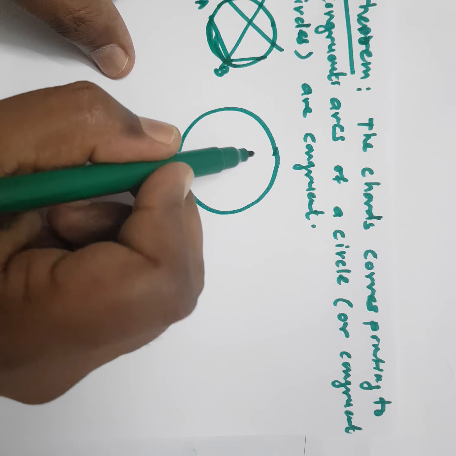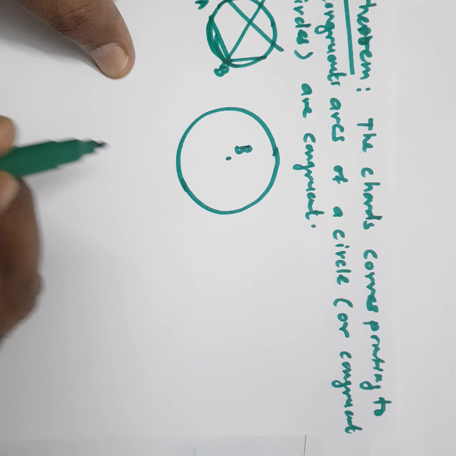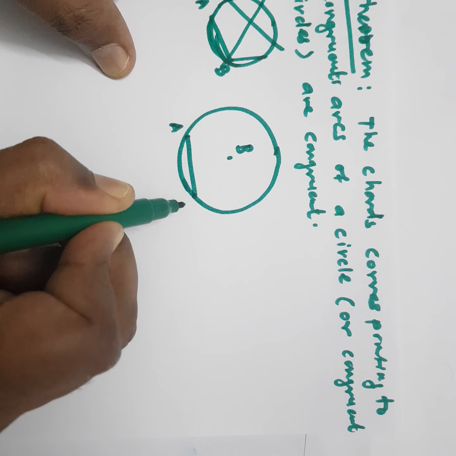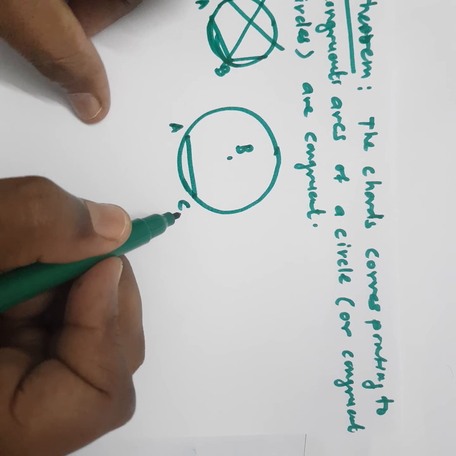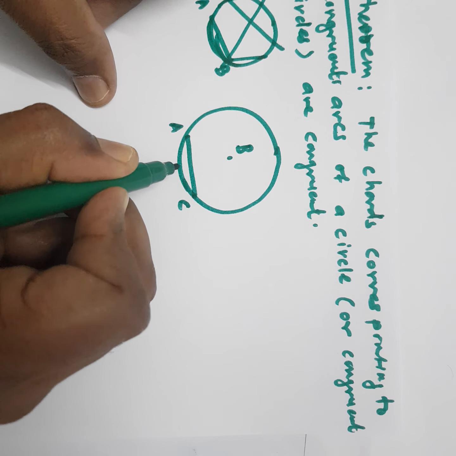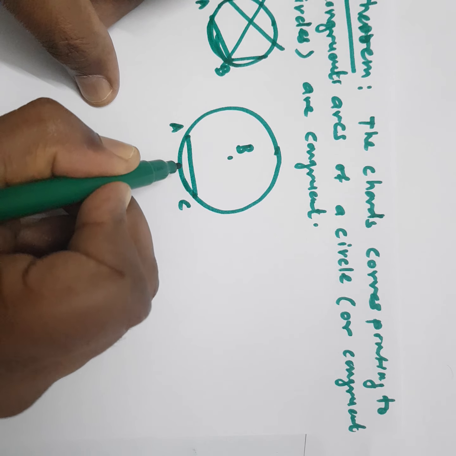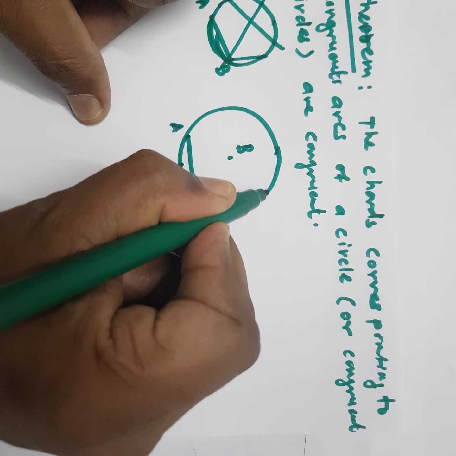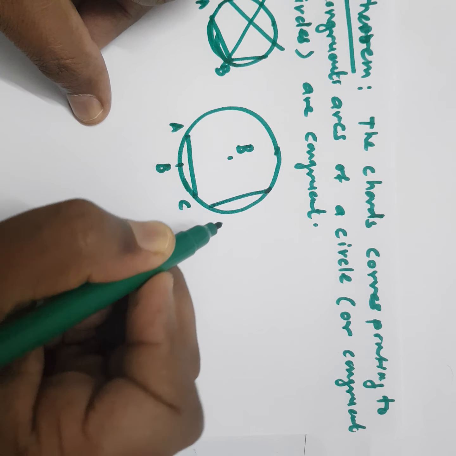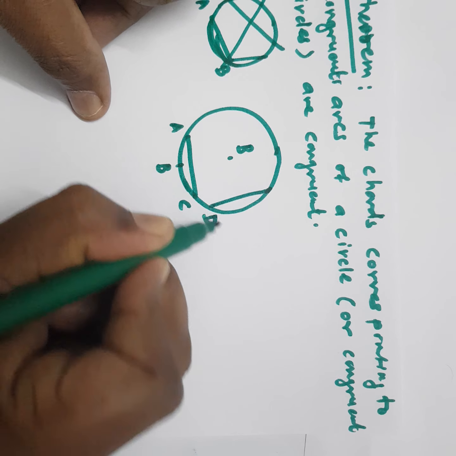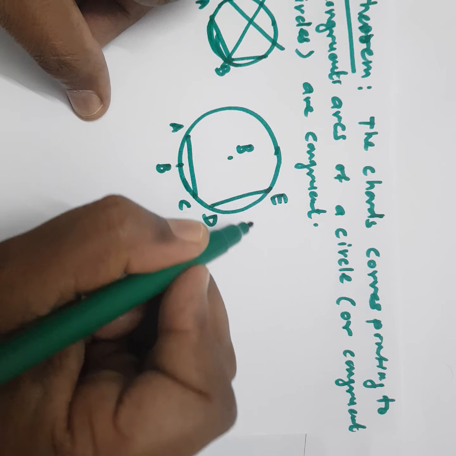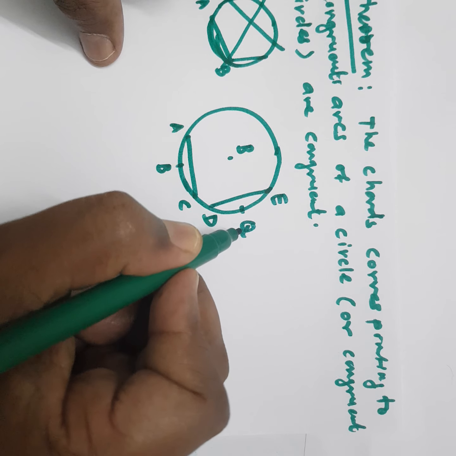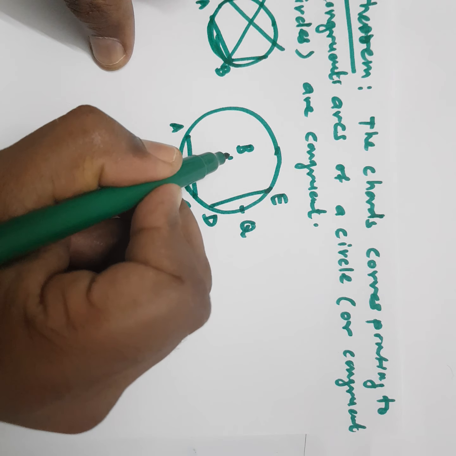Here, if B is the center of the circle, AC is one of the chords and ABC is the corresponding arc, then DE is another chord and DQE is the corresponding arc.